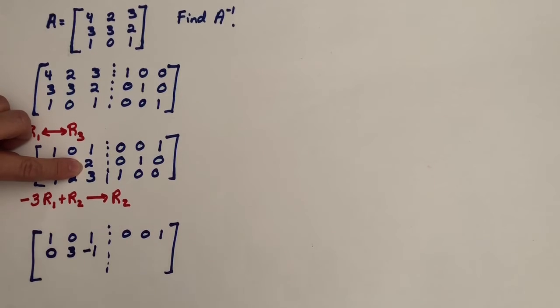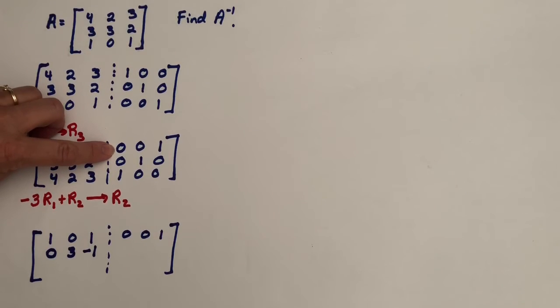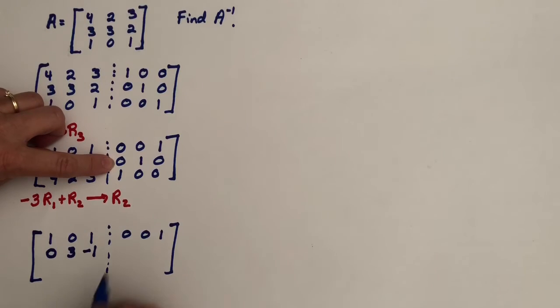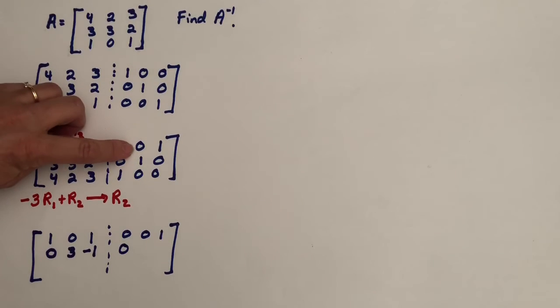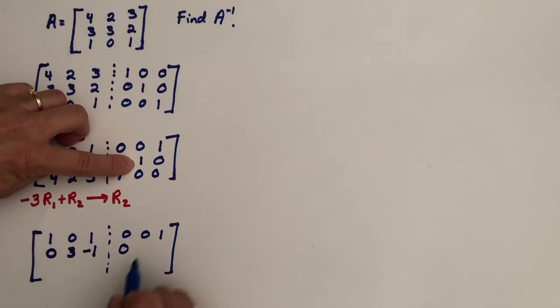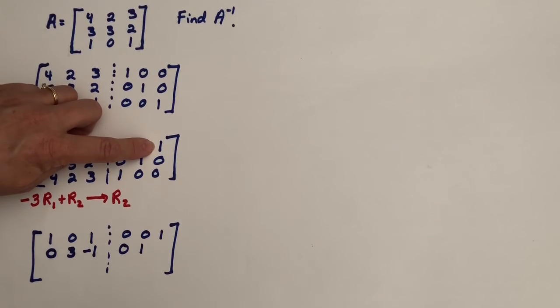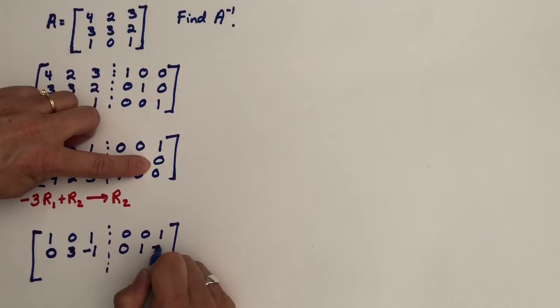And again, go to scratch paper to do the arithmetic if you need to. -3 times 0 plus 0 equals 0. And I will tell you, as you practice this, you get more efficient at doing the arithmetic. -3 times 0 plus 1 is 1. -3 times 1 is -3, plus 0 is -3.